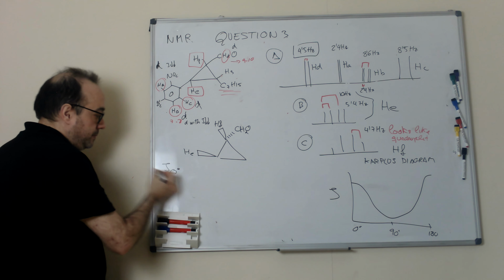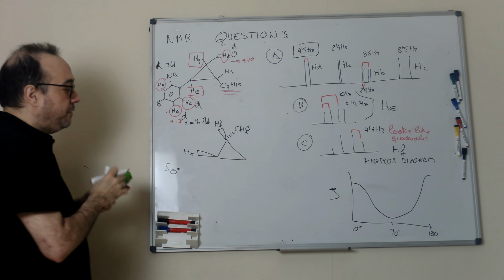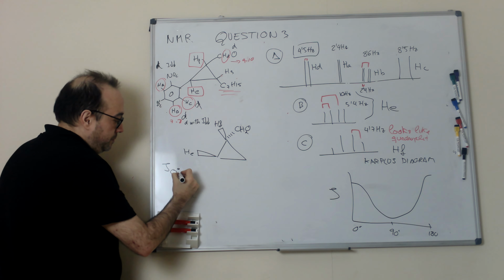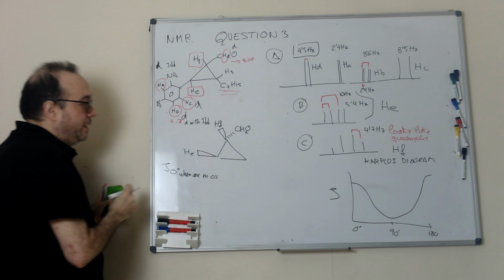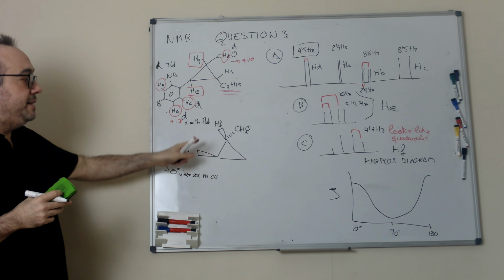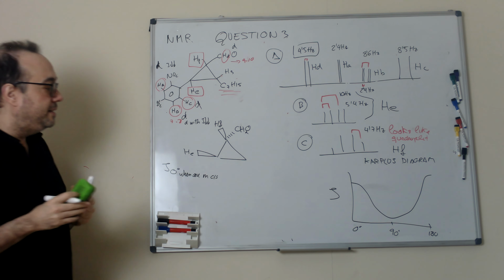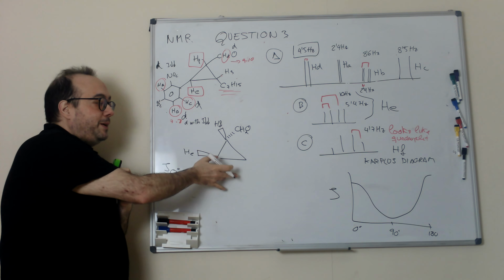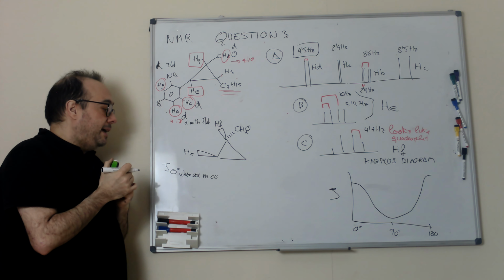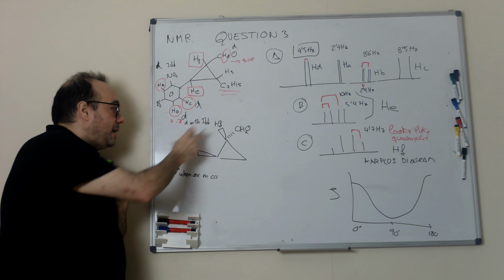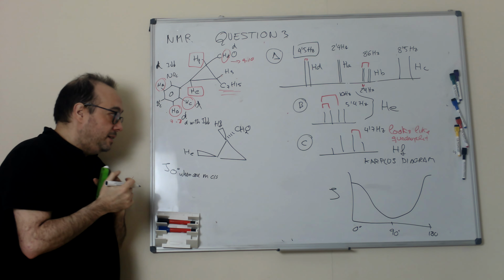When they are in cis it will be 0 degrees, because both are on the same face of the cyclopropane, if the cyclopropane is over the slide. Okay, and you can see that the dihedral angle between these two hydrogens is exactly 0.